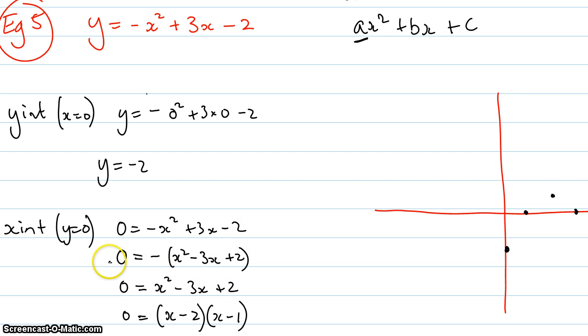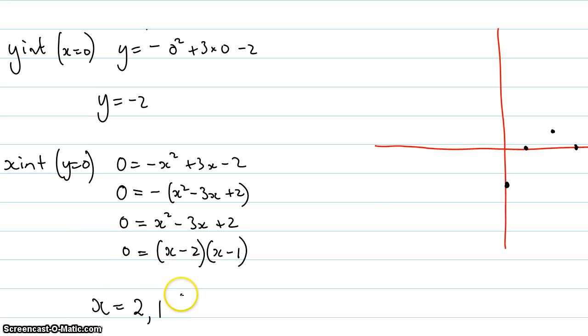And then I divide both sides by negative 1, and 0 divided by negative 1 is just 0 anyway, so it just disappears. And I get x squared minus 3x plus 2. And then I factorize that using the cross method, and I end up getting my answers of x's 2 and 1. So I put those three things on my graph.